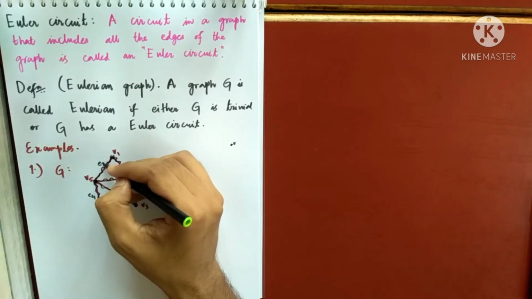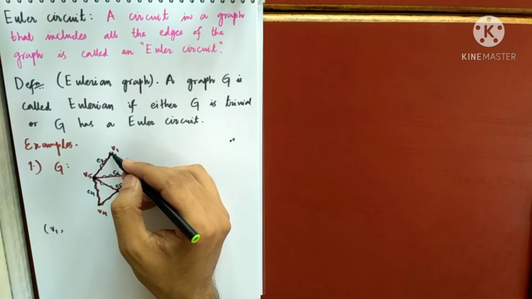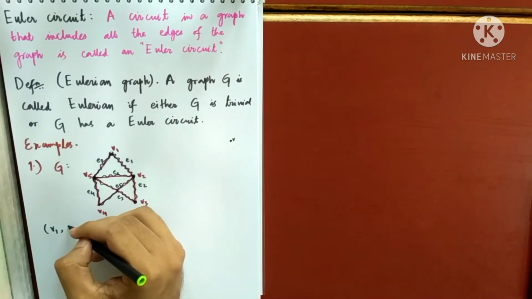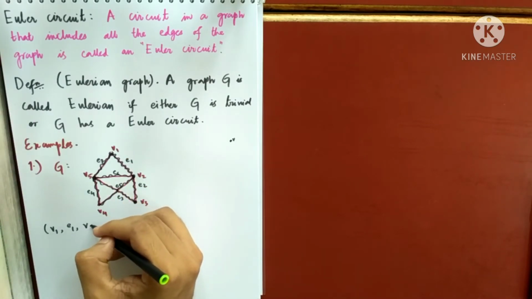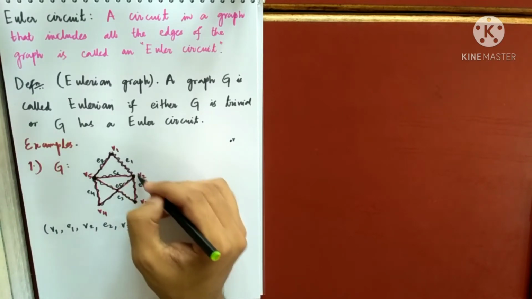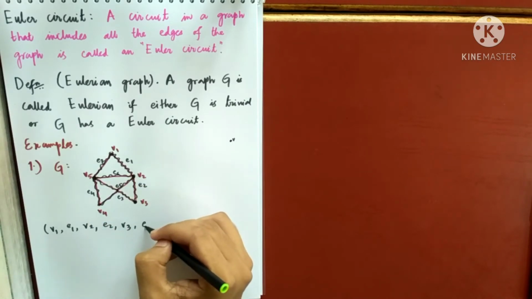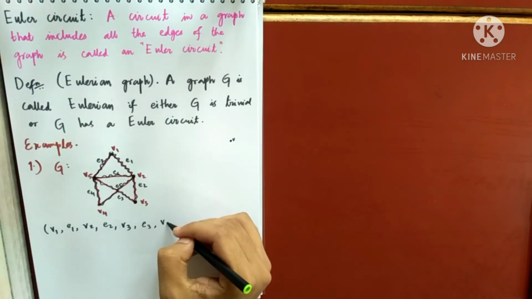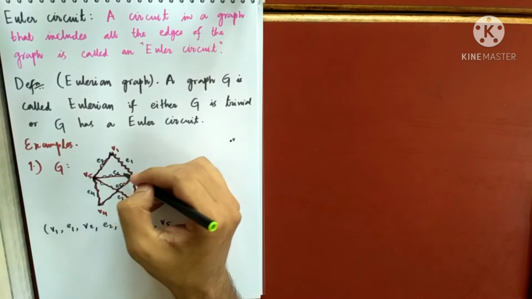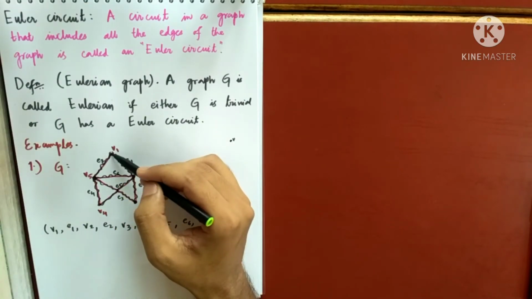E6, E7. You see this circuit: V1, I travel from V1 to V2 via E1. So E1, V2, then E2, then V3. So this, and this, right? So E3, V5, then I came here, that is E6, V2. So how did I travel?